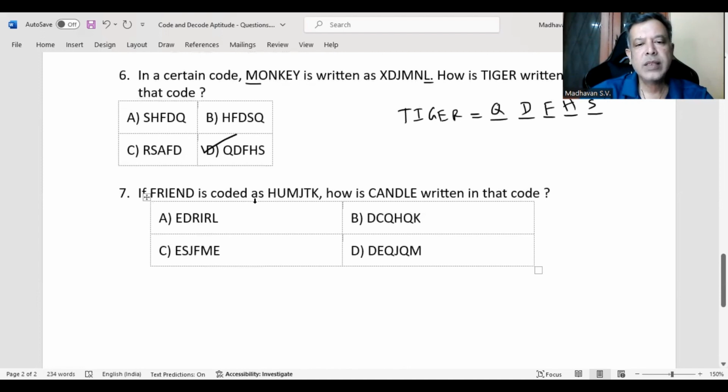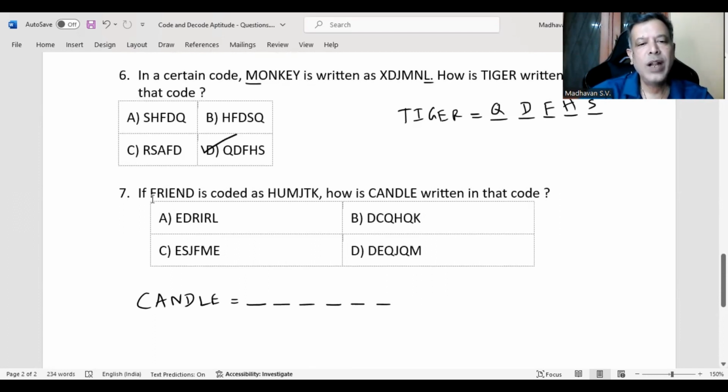Friend is coded as HUMJTK. How is candle written in that code? Let me write first candle. 6-letter word, 1, 2, 3, 4, 5, 6. Okay, now let us understand the relation between these two.